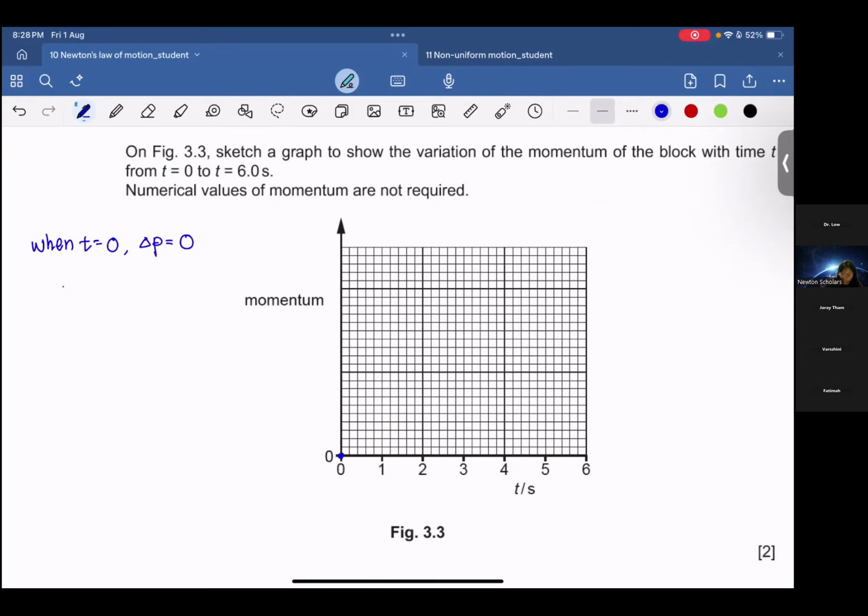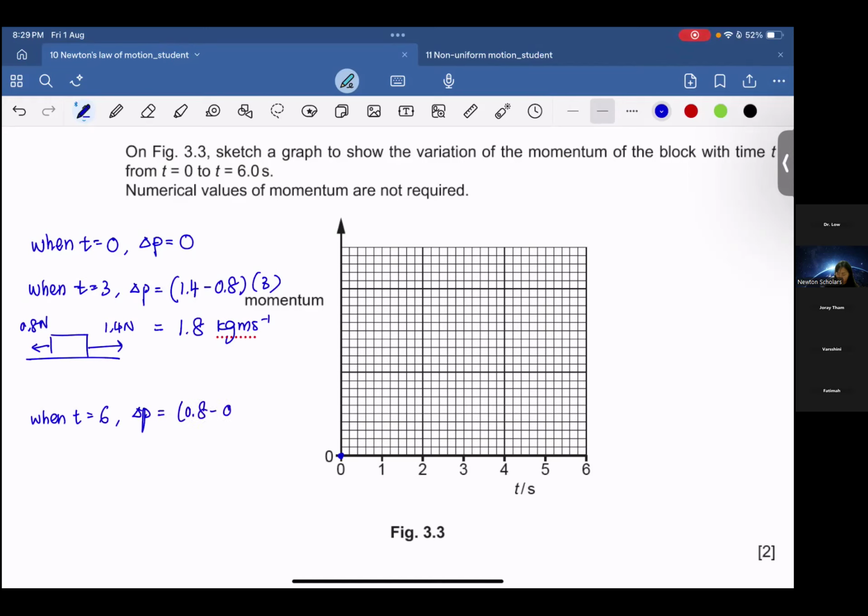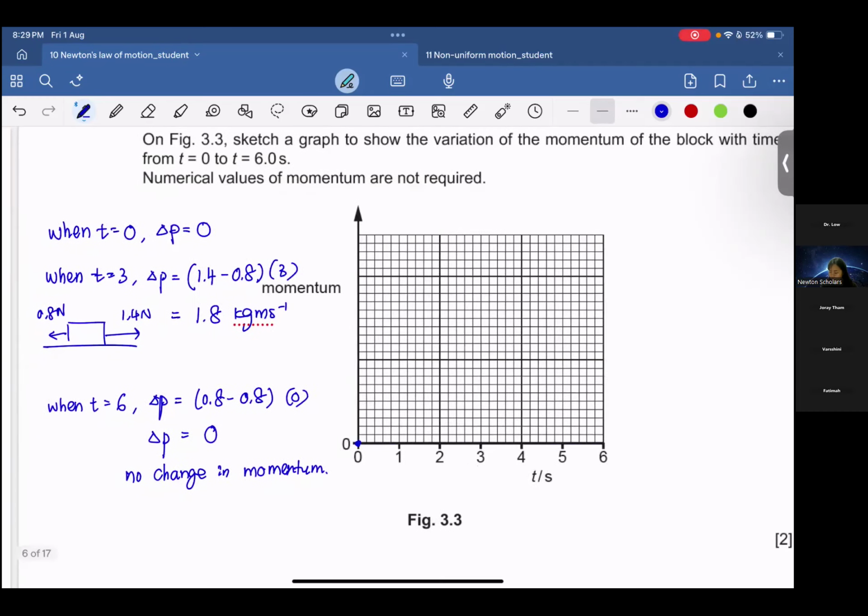Although no calculation is needed, I am still calculating it out. If you have already sketched your own graph, you can compare with mine.